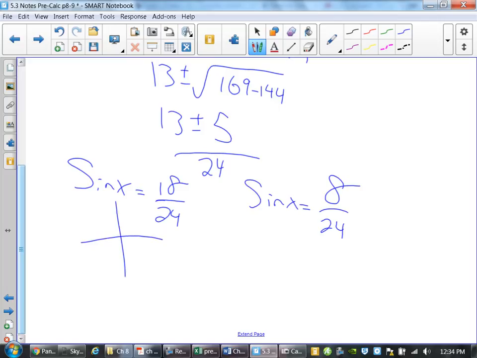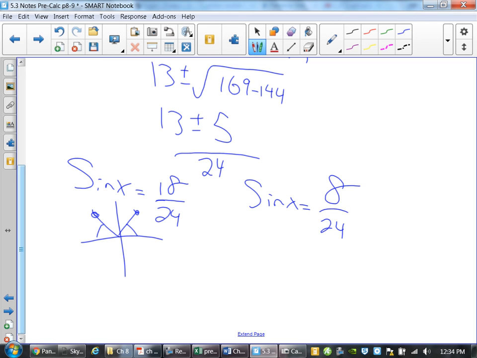Remember, sine's positive. The first time, the calculator is going to find you some reference angle, which means for the other one you just have to come back up off of it. If you're doing it with the calculator in radians, let me show you.